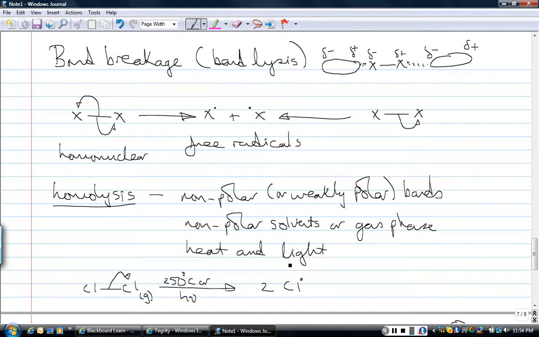And because I'm not getting assistance from the solvents in terms of the kind of assistance I get in heterolysis, and I'm really not getting assistance from the bond either because the electron pair will be bang smack in the middle, I would have to compensate by putting in extra energy. I would need large amounts of heat or the presence of light, which packs quite an energy wallop, to cause the bonds to undergo fracture. So I would need heat and light to promote homolysis.